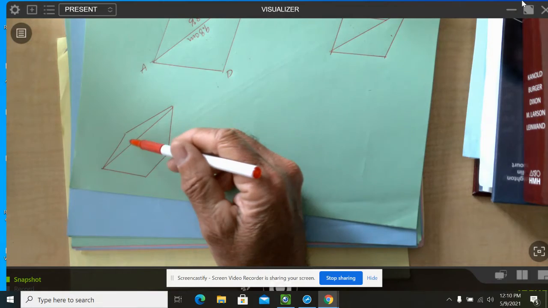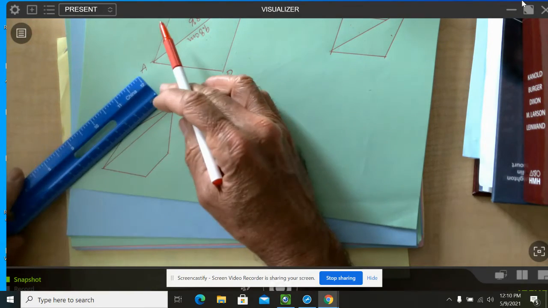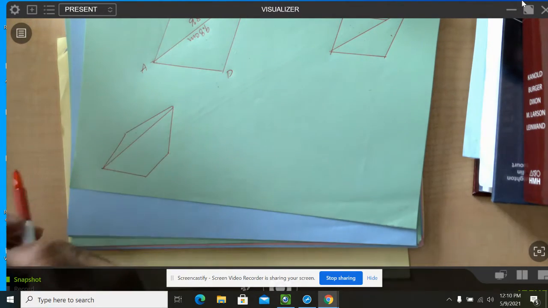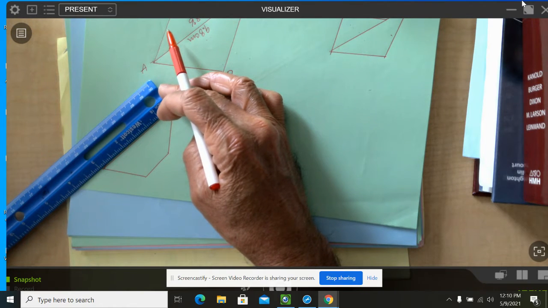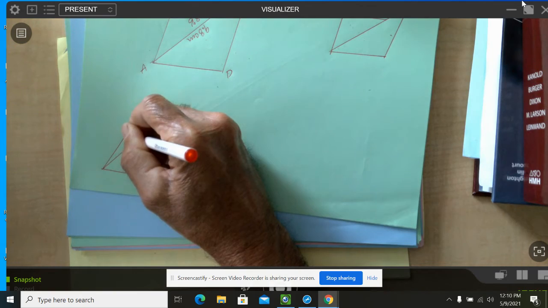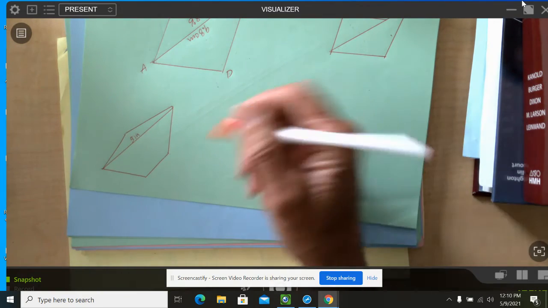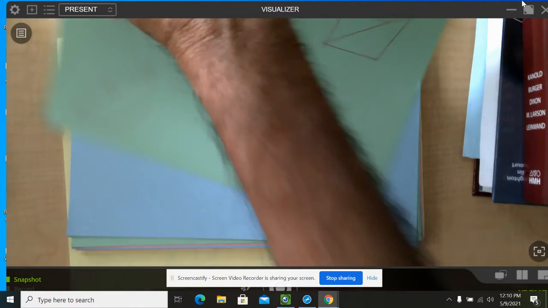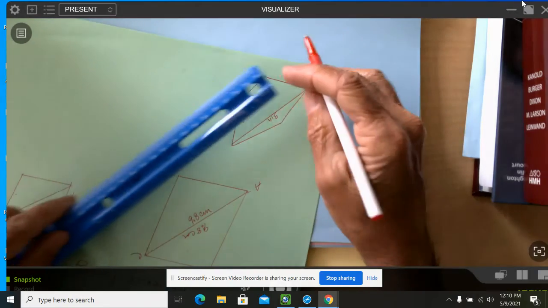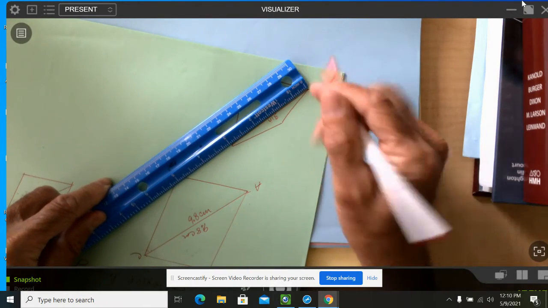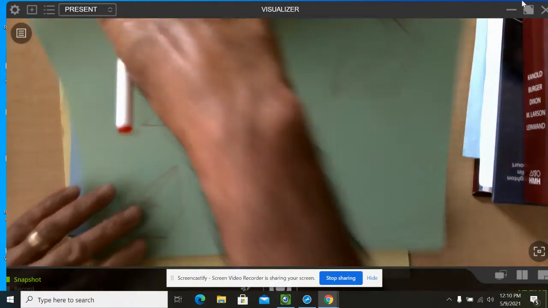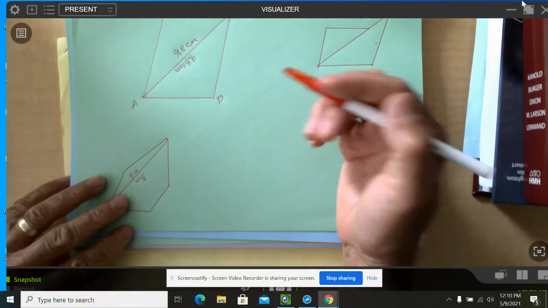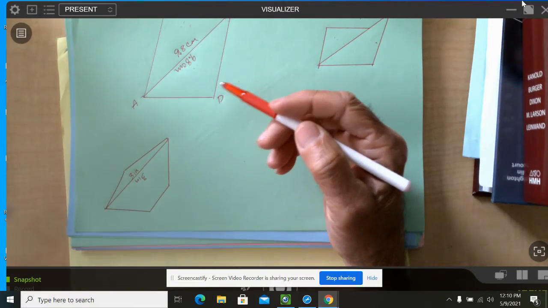I'm going to measure from the triangle side, and let's measure with inches. That's almost exactly 3 inches. If I measure from the other side, how long is that going to be? 3 inches.